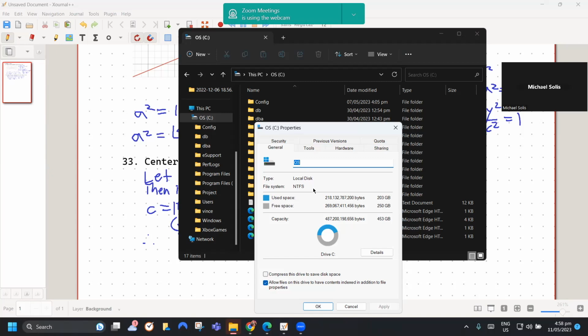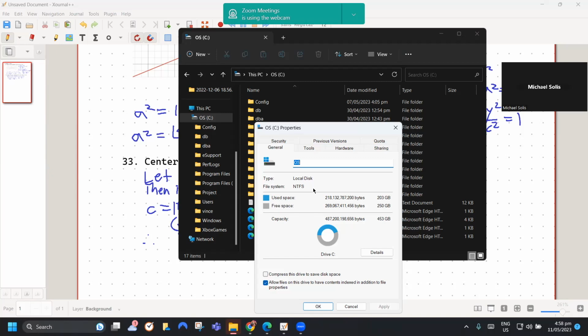So, used space is, hindi ko mabasa eh. Gano'n kalaki yung used space? 203. Tapos yung free space mo, 250. Kasi yung capacity 450 gigabytes, no?